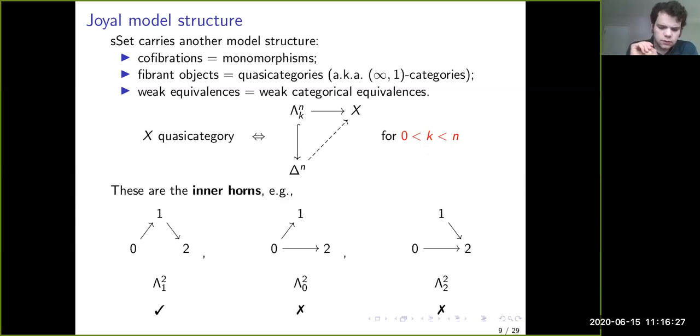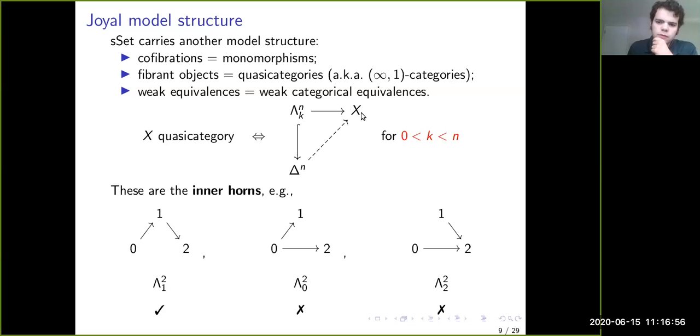So now to see what's going on with this definition, I've illustrated the inner horn, or the two-dimensional horns. So only one of these is inner, that's lambda 2, 1. And what you can see here is that this horn basically looks like a composable pair of morphisms, right? You've got these two edges where the target of one edge is the source of the other one.